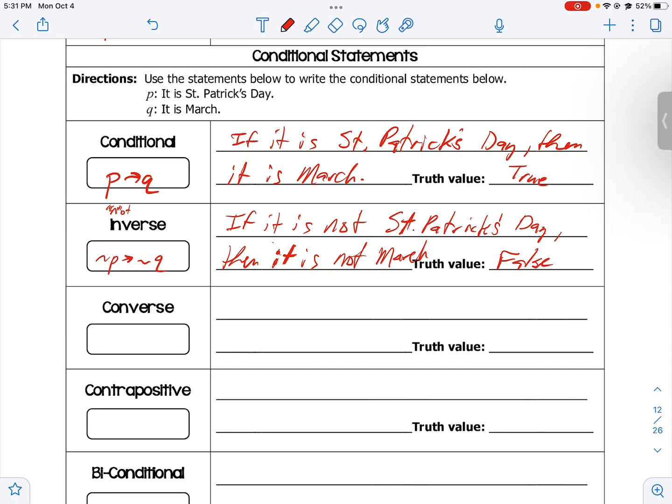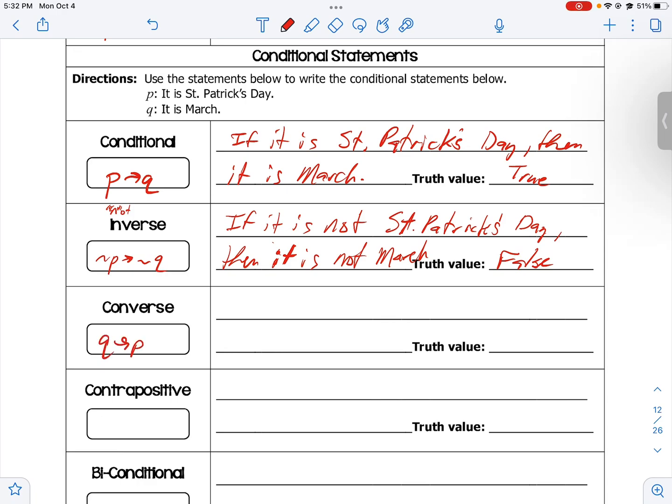That'd be false. Because March 1st, 2nd, 3rd, 4th, 5th, 6th, 7th, 8th, 9th, 10th, 11th, 12th, 13th, 14th, 15th, 16th, 18th, 19th, 20th, 21st, 22nd, 23rd, 24th, 25th, 26th, 27th, 28th, 29th, 30th, 31st. Could be any of those other days. And it could be March.